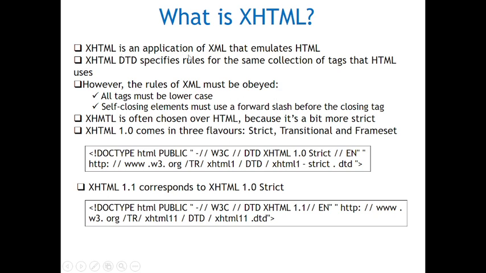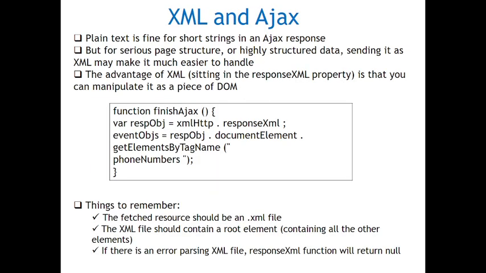This is also an application of XML, which emulates, meaning copies or reflects, the style of HTML. So XHTML files, whenever you create them, will have these tags. So you are going to use the combination of both XML and Ajax.